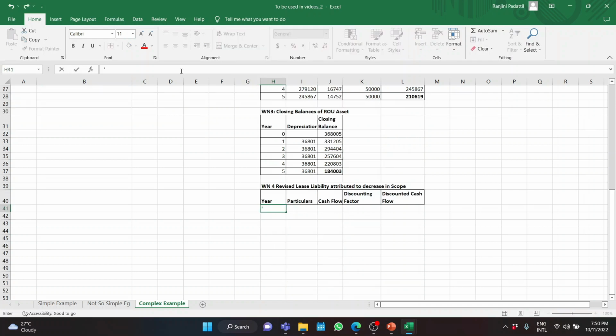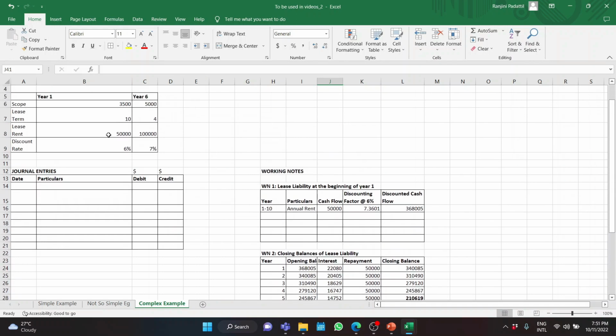So now it will not be 1 to 5 years but 1 to 4 years. The annual rent, we take the original rent because we are not accounting for change in consideration. If we go to the summary, the original rent was 50,000.